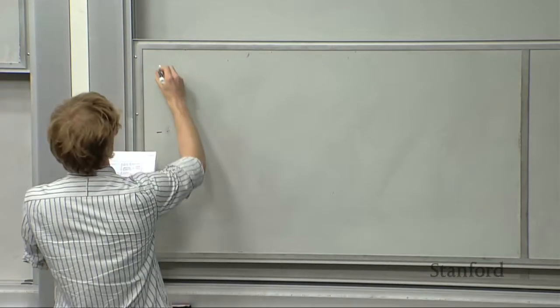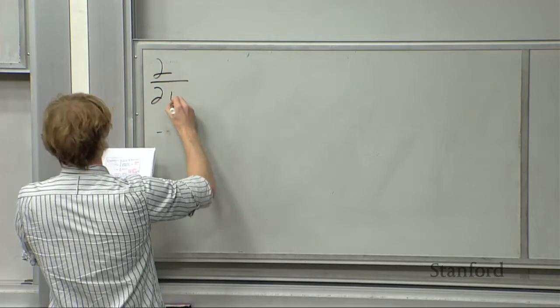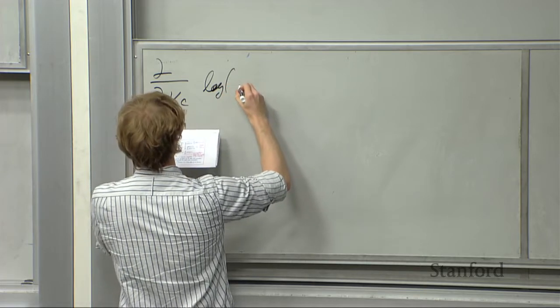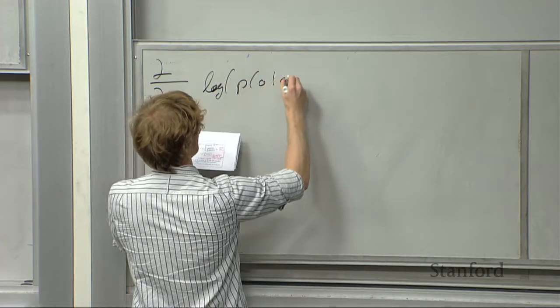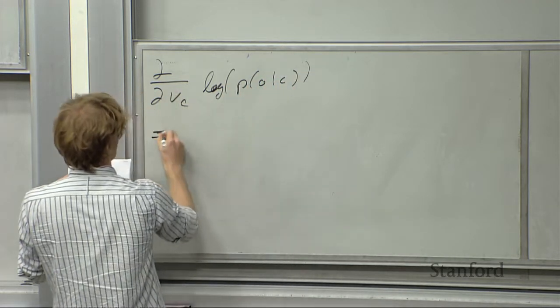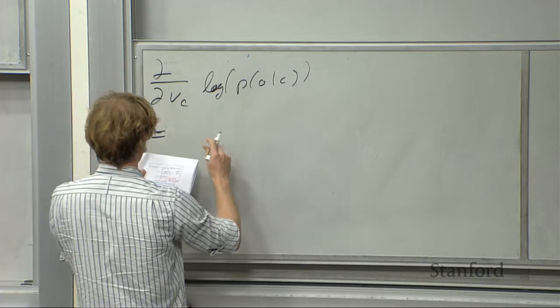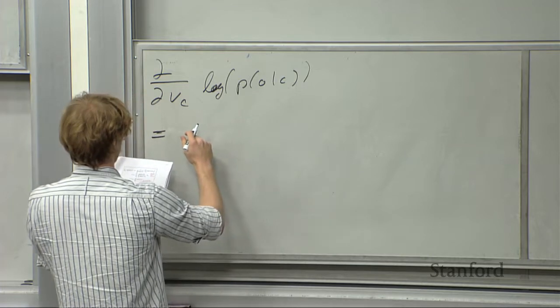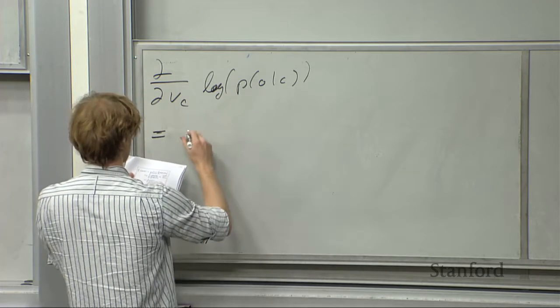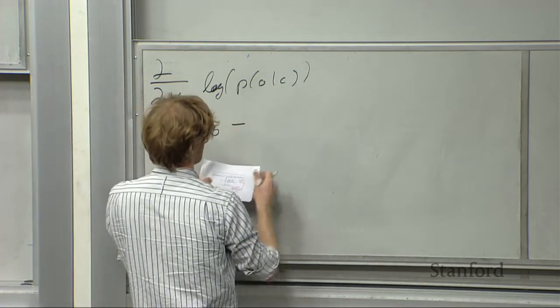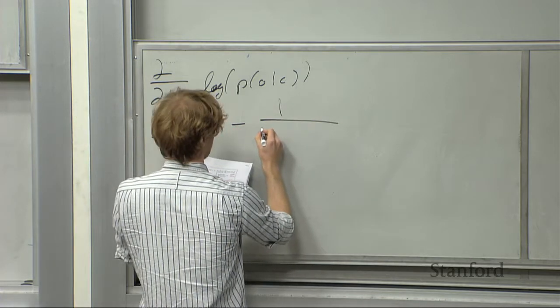All right. So let's put all these equations together. So again, we had the log here of p of o given c. And now the first part of that from the top numerator of the softmax function was just u of o. And we subtracted this big sum here.